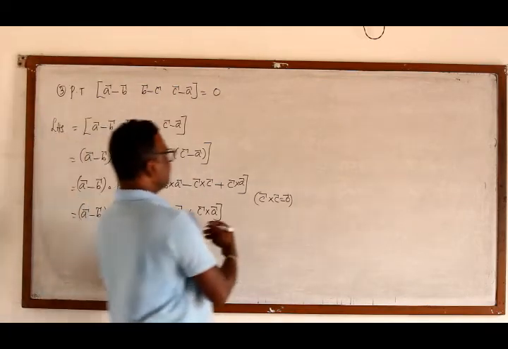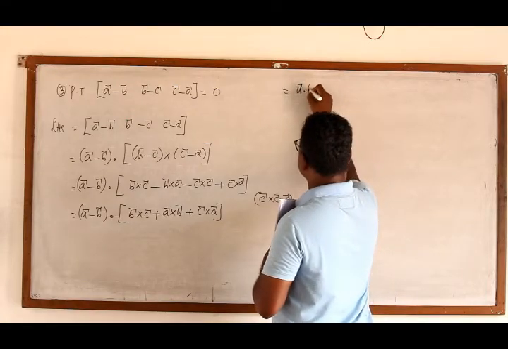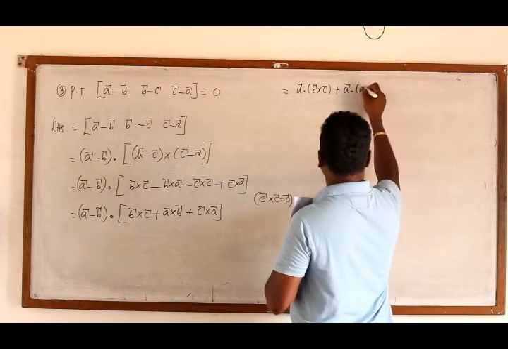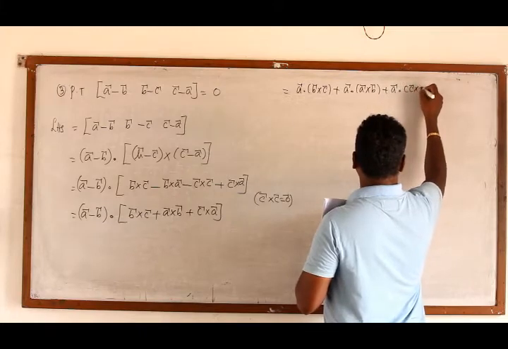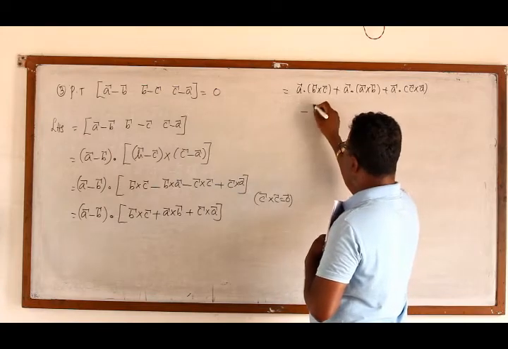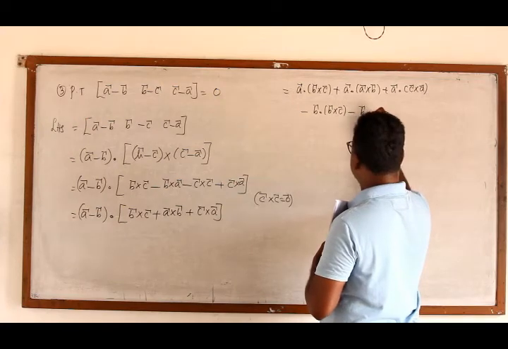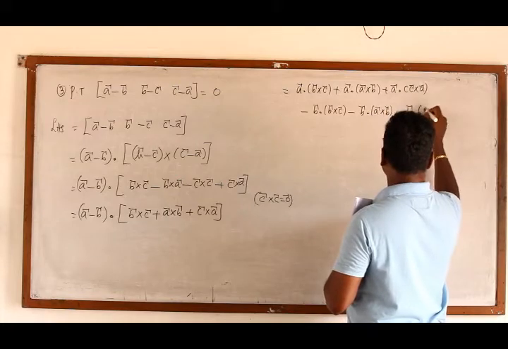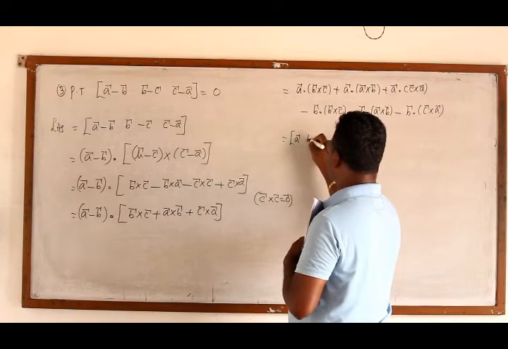Now, shall I multiply this with A separately and B separately? That is A dot B cross C plus A dot A cross B plus A dot C cross A. All the products with A are over. So minus B dot B cross C minus B dot A cross B minus B dot C cross A. Now 1 dot 1 cross means box product, isn't it?